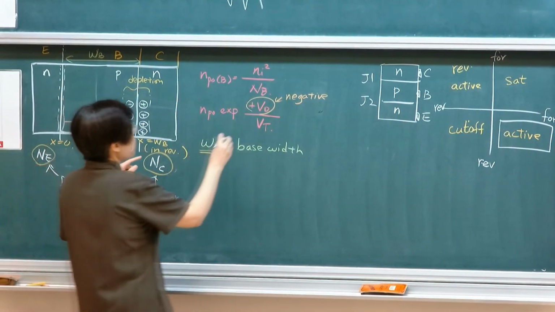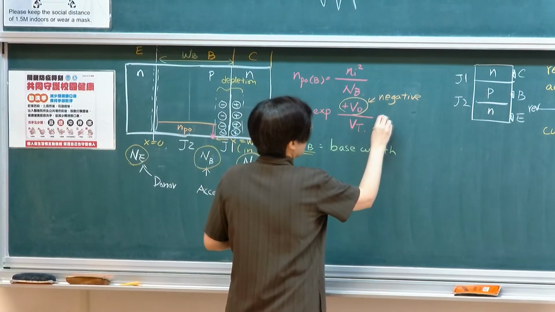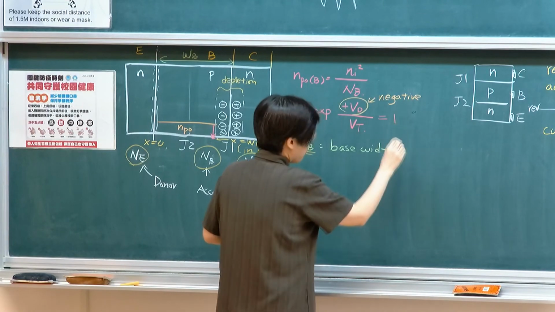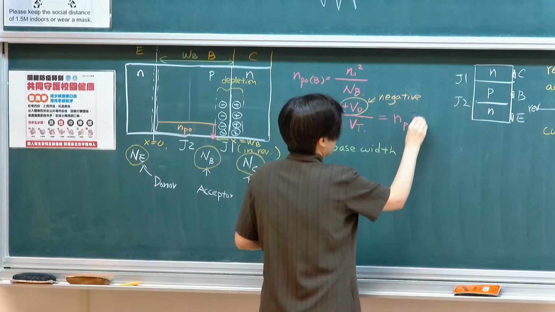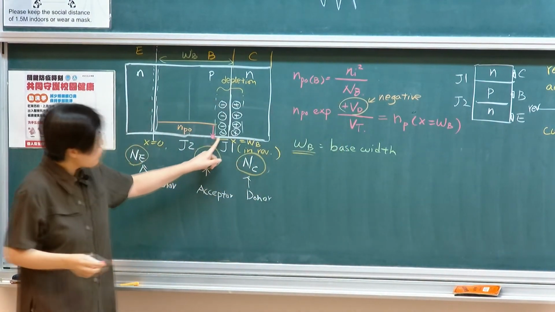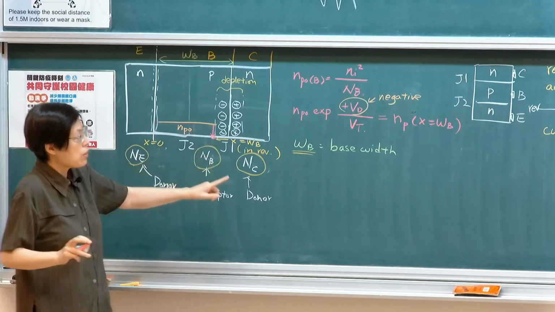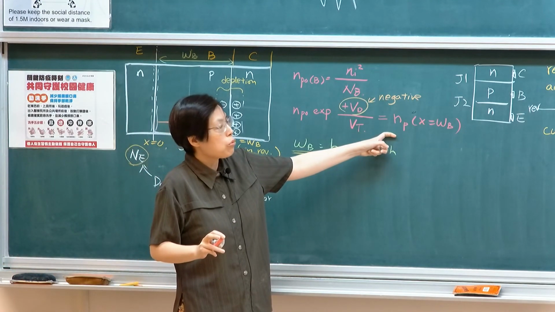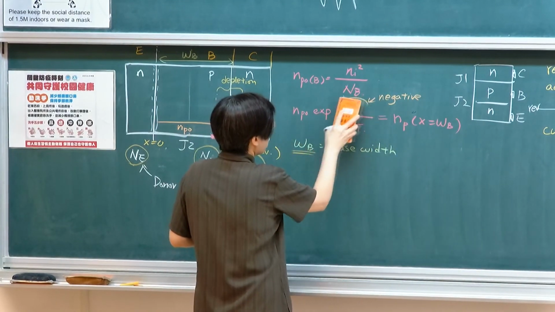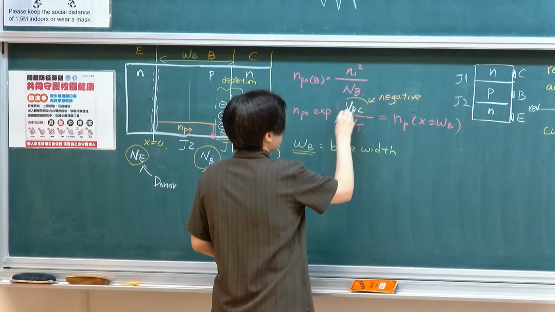So as I said, I'm trying to highlight that this is NP at x equals to WB. So if you want to find out at the right-hand side what is the concentration, it's actually close to 0 because if I'm drawing this, this is actually VBC.